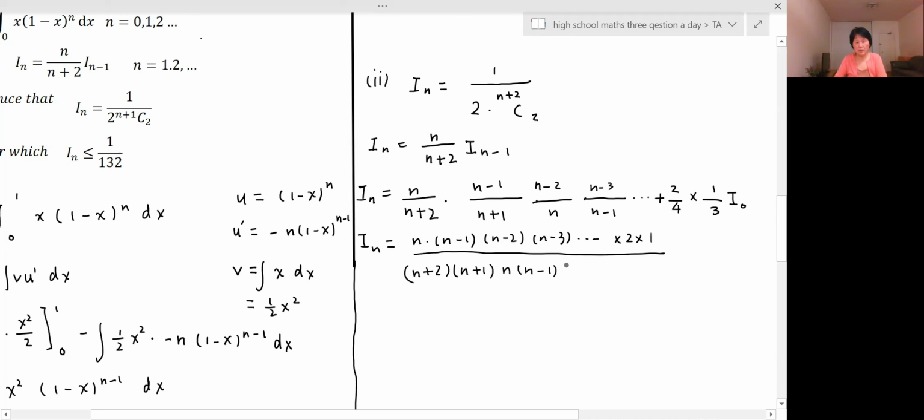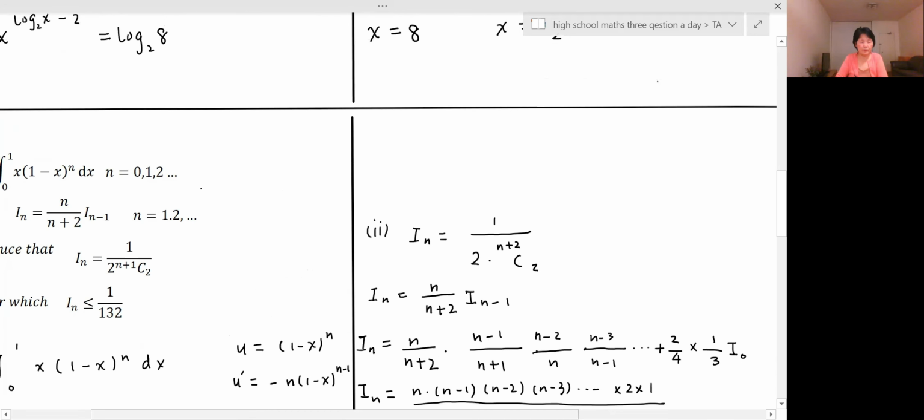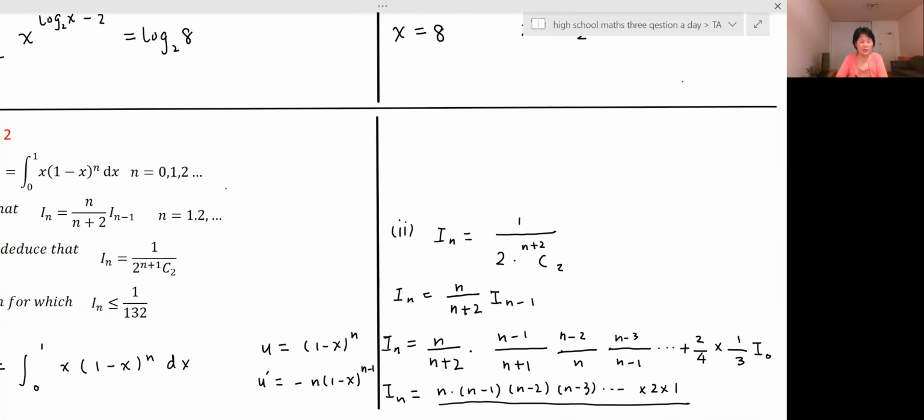Then this will be n minus 2, then this will be 4 times 3. So I_0 here, you can see.